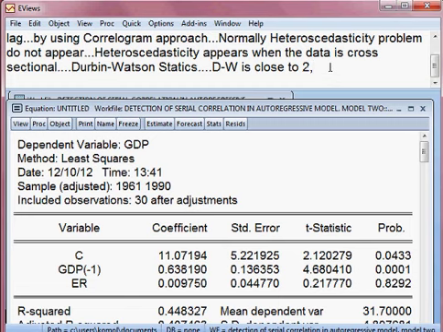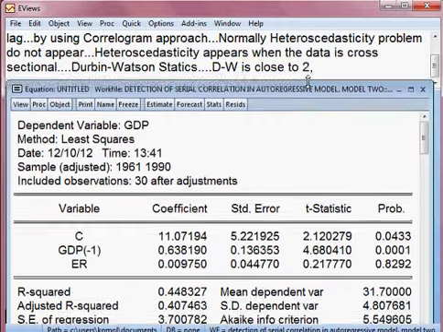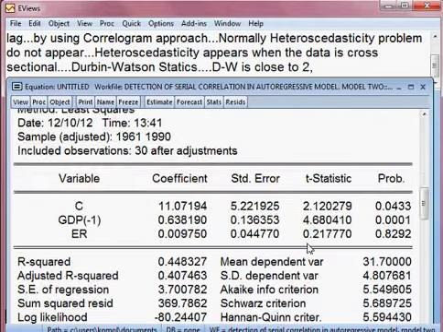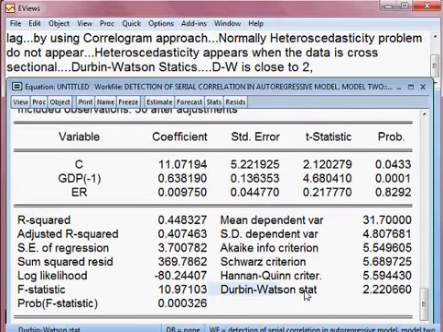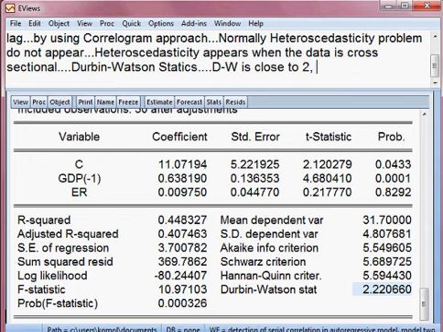We have the Durbin-Watson value here. You can see the Durbin-Watson statistic is 2.222, right? And that is close to 2, meaning that there is no serial correlation in this model.